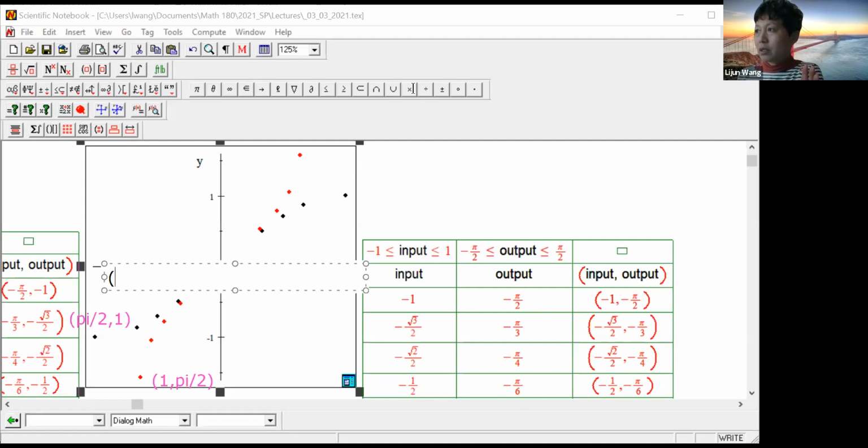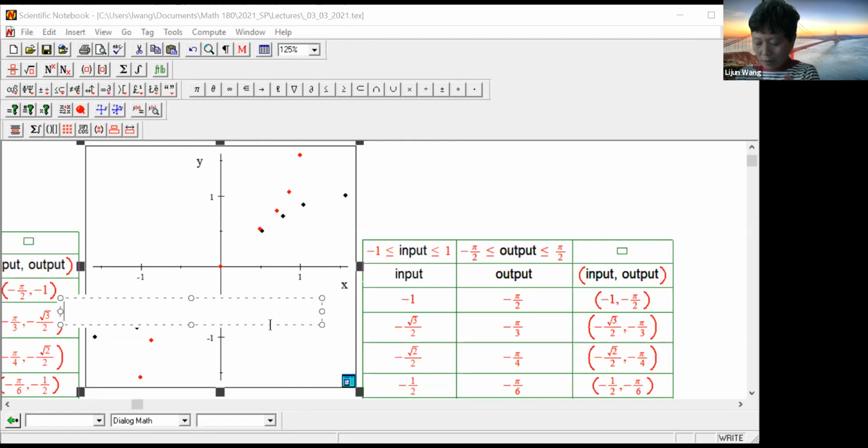I apologize, hold on. I made a mistake, sorry. This dot is negative pi over 2, negative 1, okay? My bad, totally.